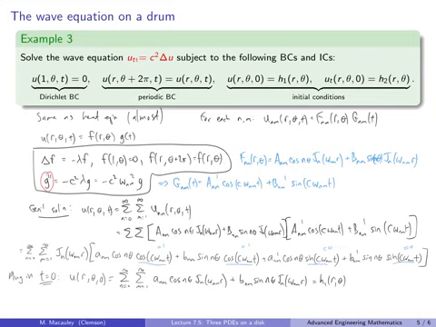If we do this, we know how to do this, just like we did in the previous slide. If I call this guy f_nm and this guy g_nm, then a_nm is just the projection of h1 onto f_nm.